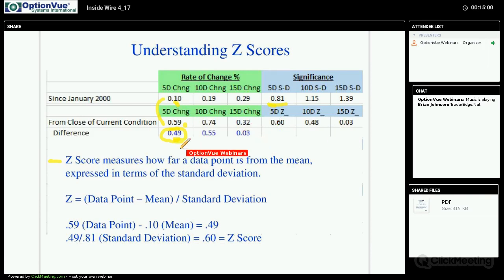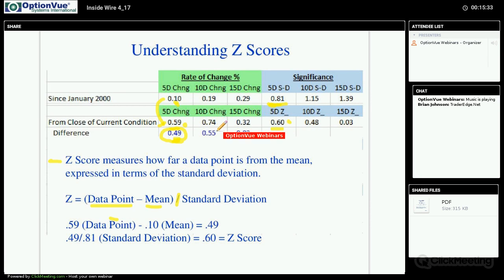When you take 0.49 divided by the standard deviation of 0.81, you get 0.6. So that's basically 60% of 1 standard deviation to the upside, over half a standard deviation. Here's the formula for getting it: you take the data point, 0.59, minus the mean, which gives you a value of 0.49, divided by the standard deviation of 0.81 to give you that value.